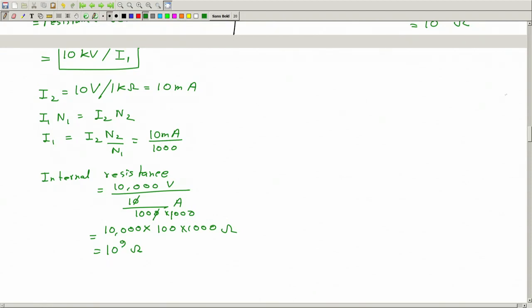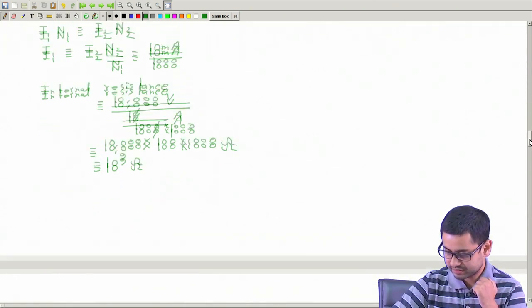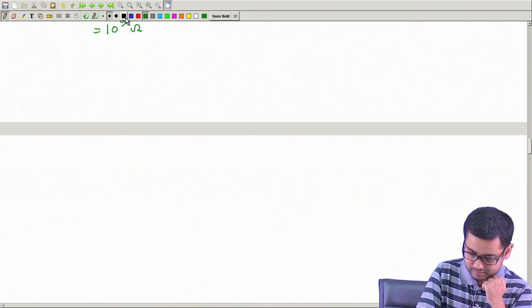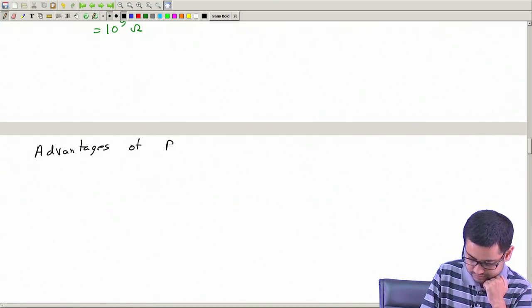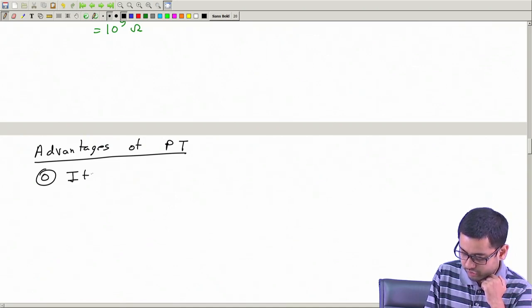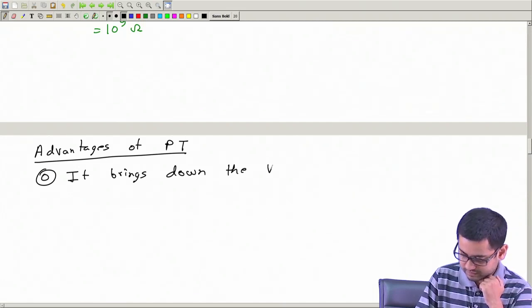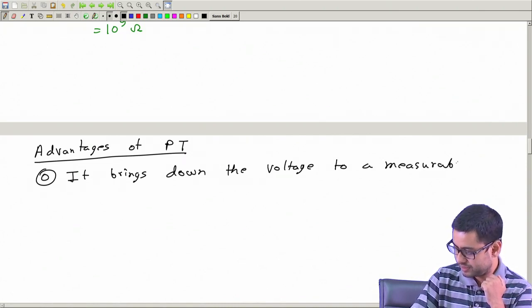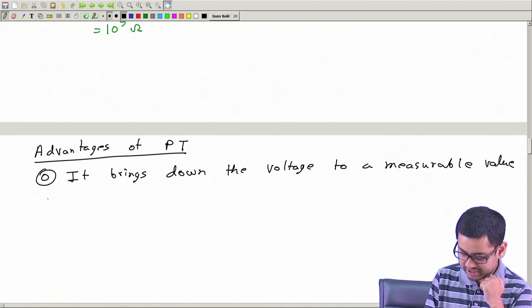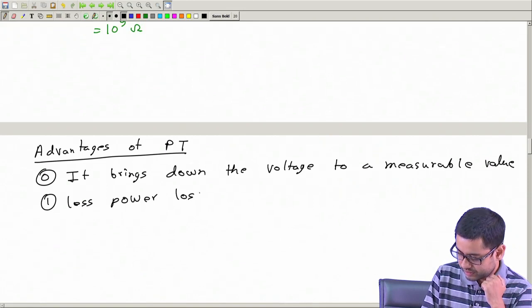Okay, so the advantages of PT we can write. Firstly, it brings down the voltage to a measurable value, measurable range. Secondly, less power loss compared to series resistance.